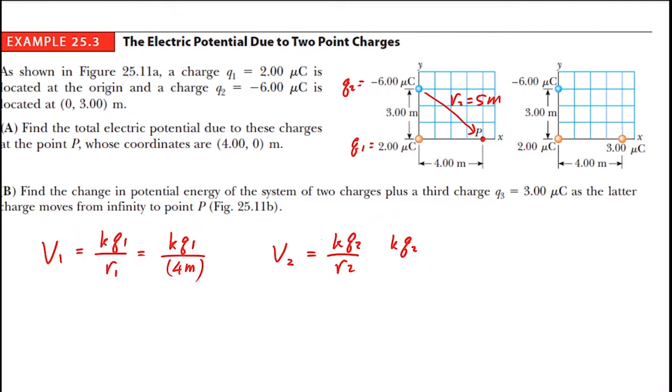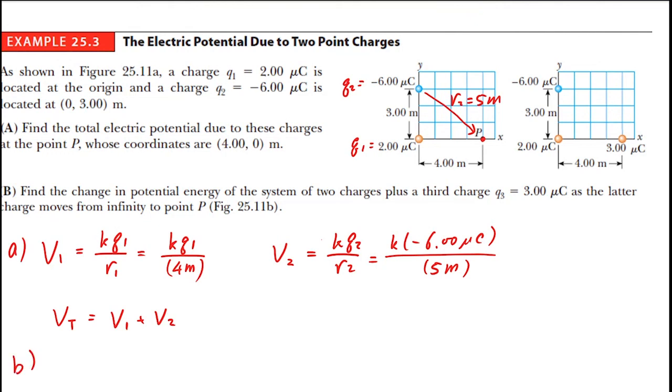Actually here I'm going to write it, negative 6.00 microcoulomb over R2 being 5. Good? Now the total potential, of course, is just V1 plus V2. Good? This is part A.